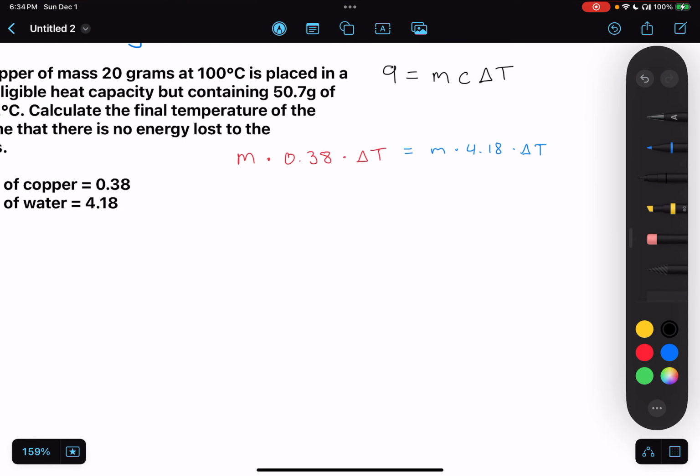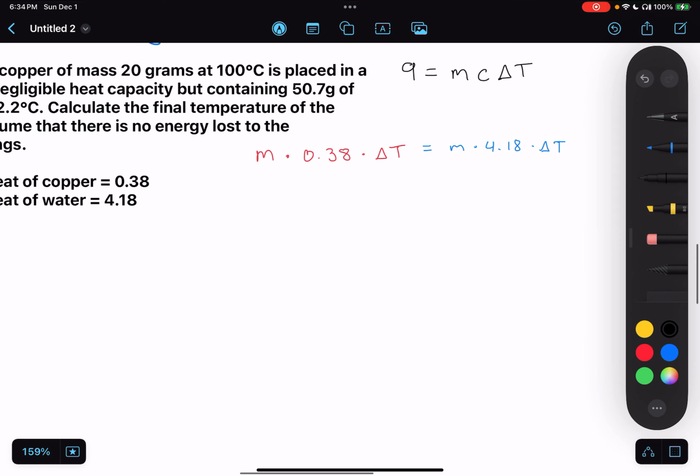But you guys know left is copper, right is our water. So mass of copper is going to be 20 grams, 20 times 0.38. Now remember, our change in temperature for our copper, we are starting at 100 degrees Celsius.